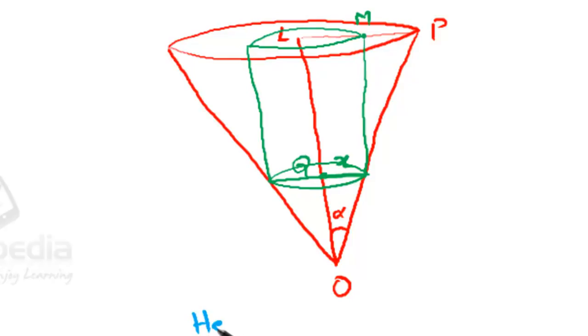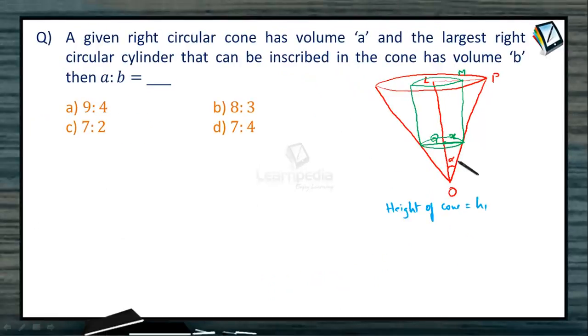Let's consider the height of the cone as H1. As we have considered alpha as the semi-vertical angle, X is the radius of the cylinder which is inscribed inside, and let H2 be the height of the cylinder. Now if you observe the diagram here, H2 would be QL length, but that QL length is the same as the total height of the cone minus OQ.